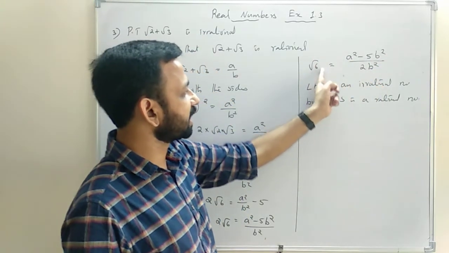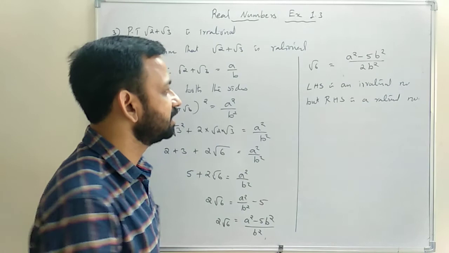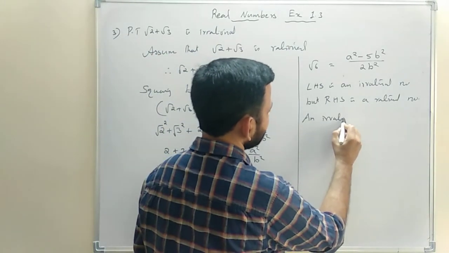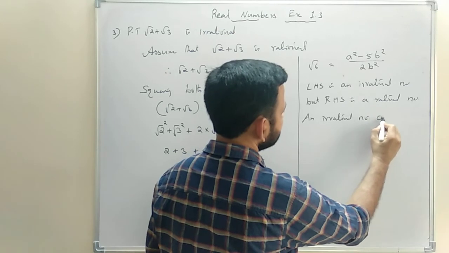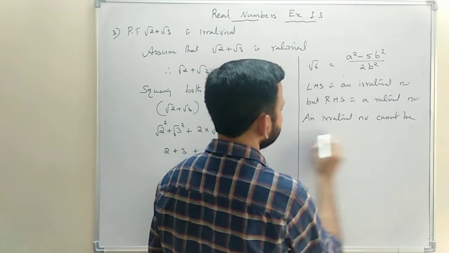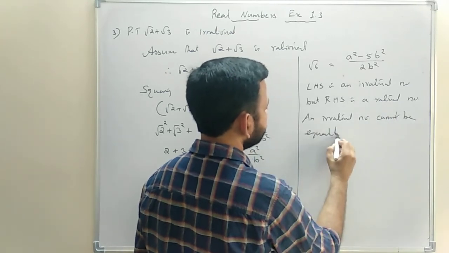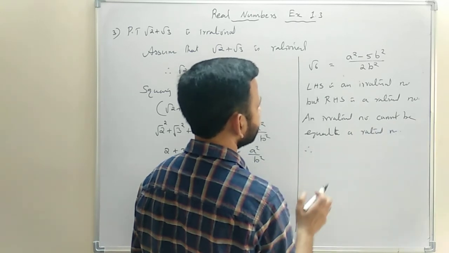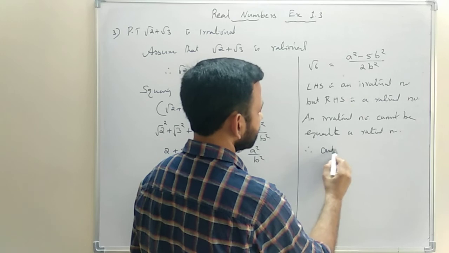So LHS is irrational but RHS is rational. So an irrational number cannot be equal to a rational number. Therefore, our assumption is wrong.